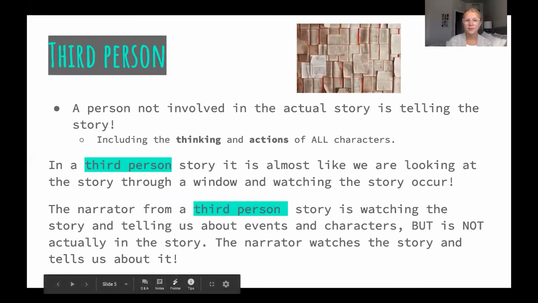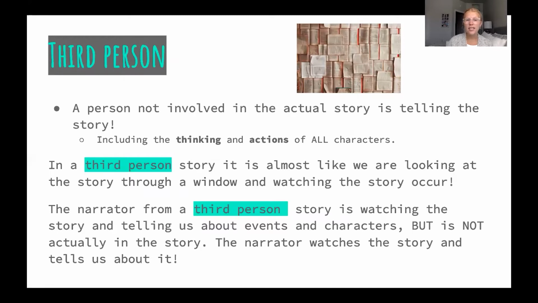Third person. A person not involved in the actual story is telling the story when we're looking at third person. In third person, the person telling the story is including the thinking and actions of all characters.